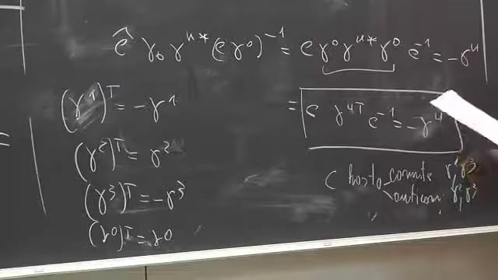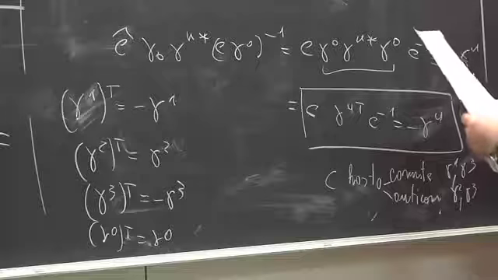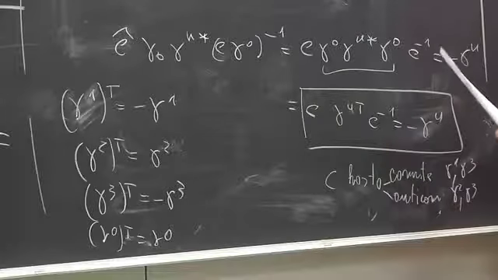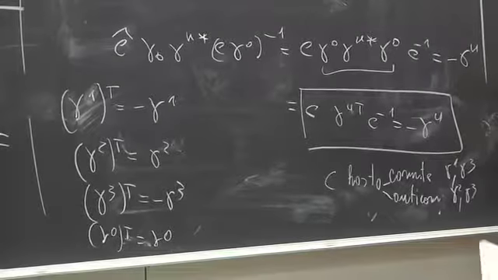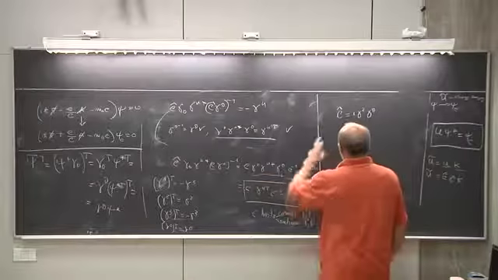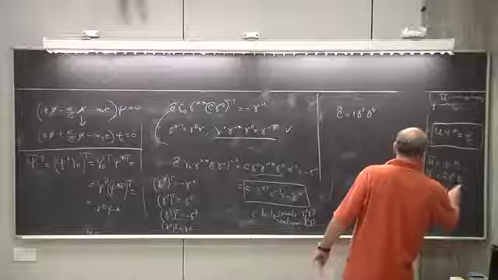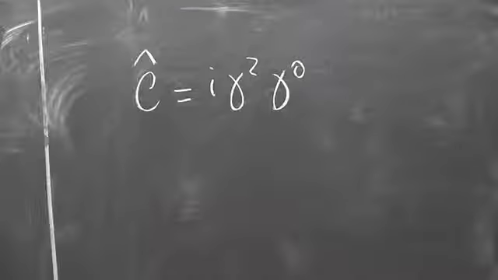Then the solution of these, believe me, is i gamma 2 gamma 0. So which is the matrix that satisfies this relation is that. So we have finished. This object now is i gamma 2 gamma 0 gamma 0 K.